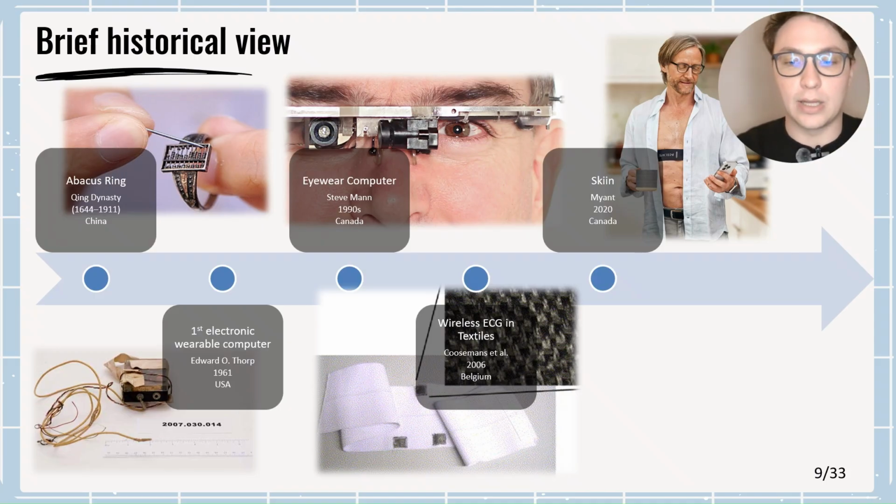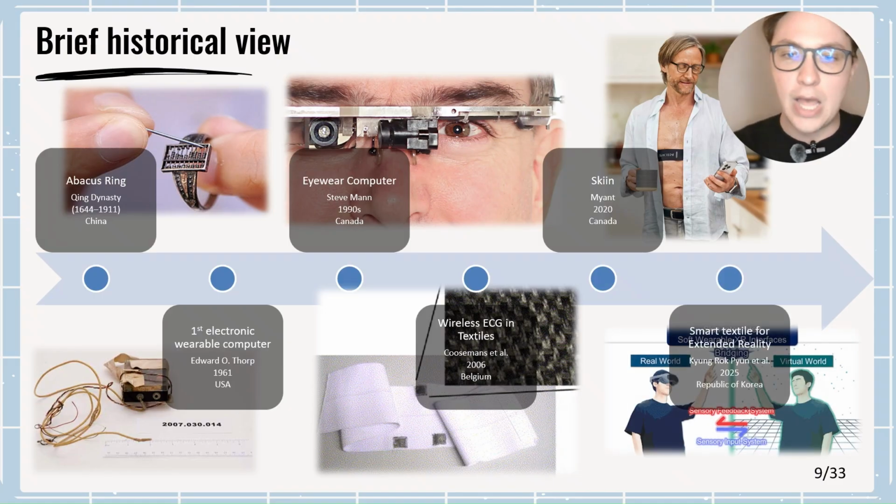This is basically a band we are able to apply on our chest to measure some human health parameters. And coming to nowadays, smart textiles serve more for extended reality purposes. Specifically, the idea is to aim for either sensors or actuators for better experience in the extended reality.